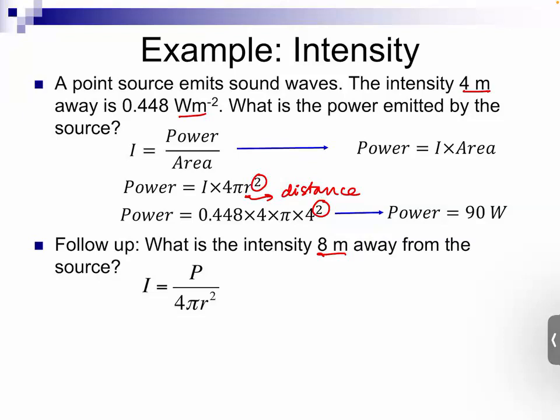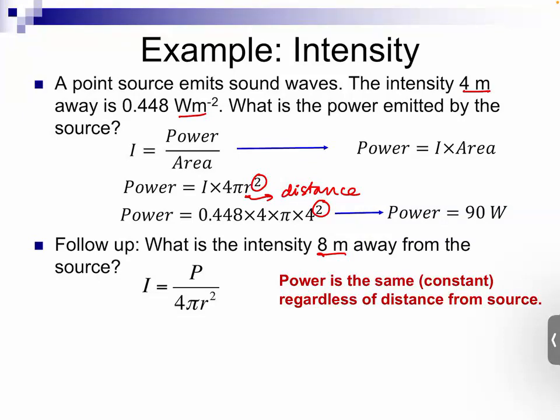The question here is what power to use. It's important to remember that the power is the same regardless of the distance from the source, because it's the power of the origin, where the sound originally comes from. So you can use the power you got before.